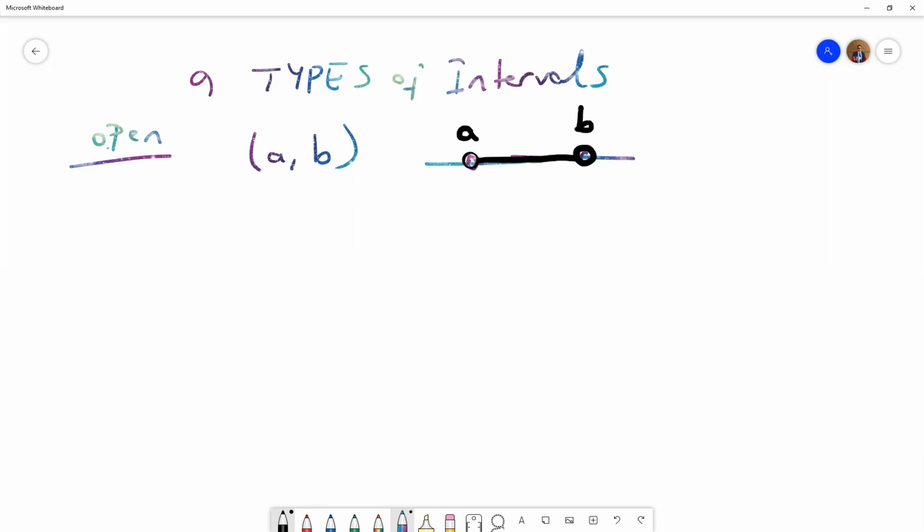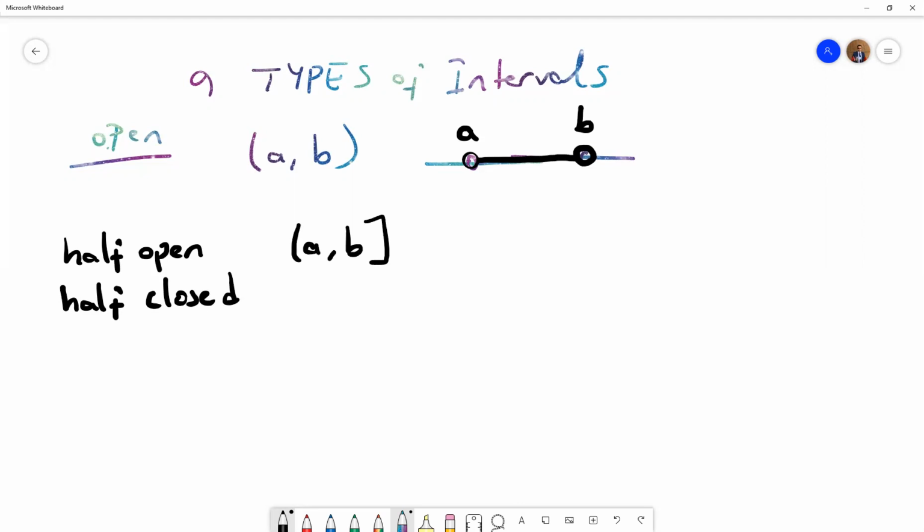So A is here, B is here, and half open, and maybe also half closed. That is, from the left it's open and from the right it's closed, and the other one, from the left it's closed and from the right it is open. So we write in geometry, this one is open and this one is a full one, closed.